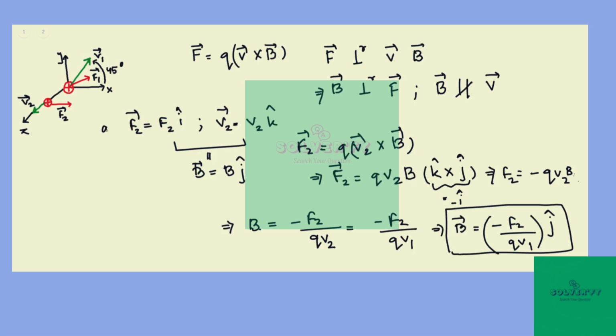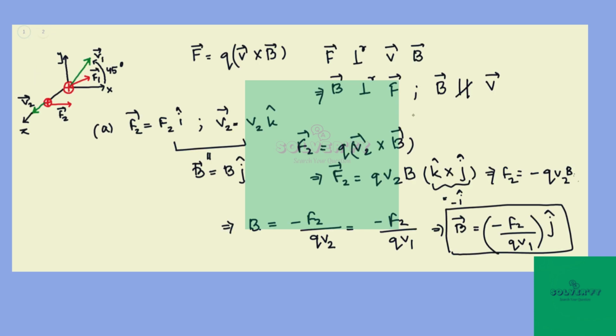Now for the second part. So this was our first part. For the second part, where we have to find the force, we will use the same equation: Q times V1 vector cross B vector.